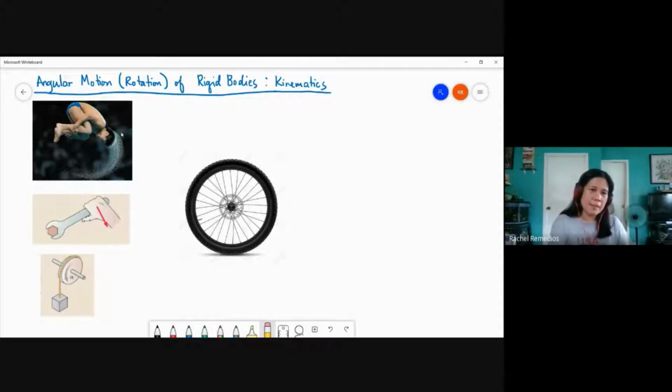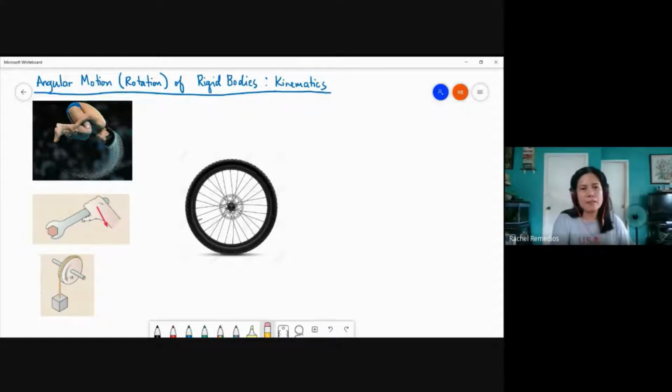So you notice the pattern, it's somewhat circular, no?